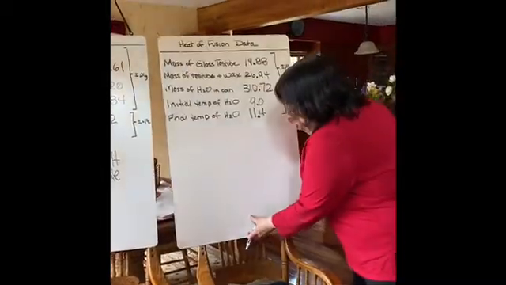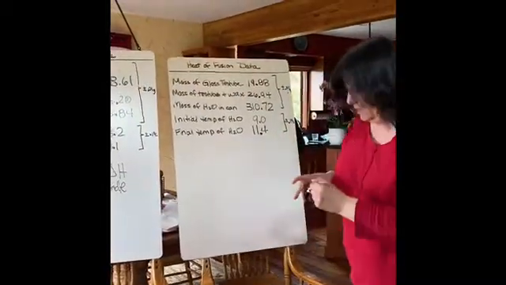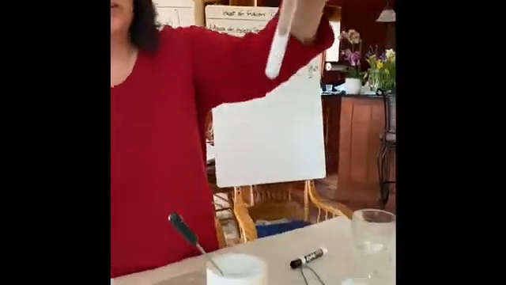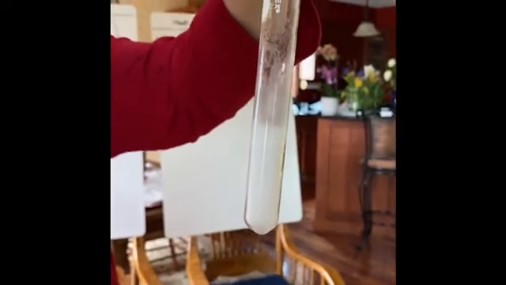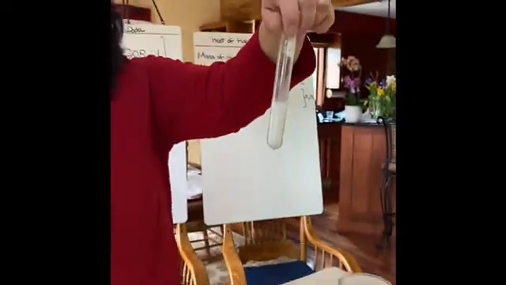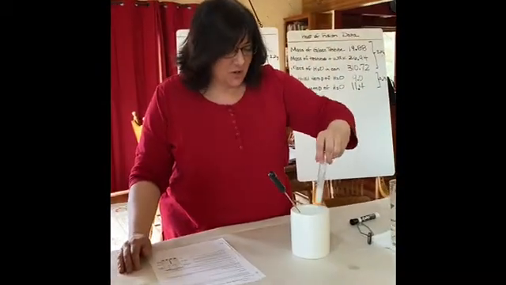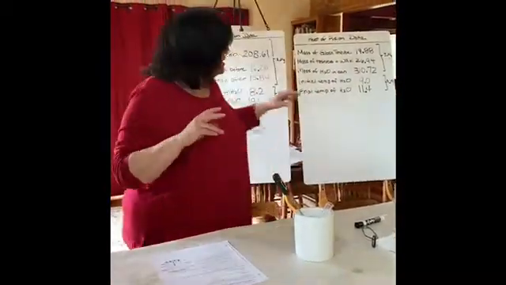Oops, goes my whiteboard. If you take a look at the wax, it is now back to not being clear anymore, but it is all cloudy. Sorry that I rushed so much. We didn't want to miss that start of the temperature. All right, so now we've got all our data collected.